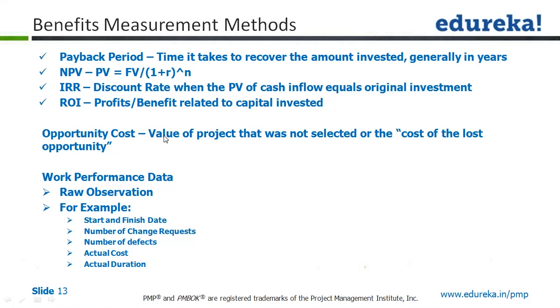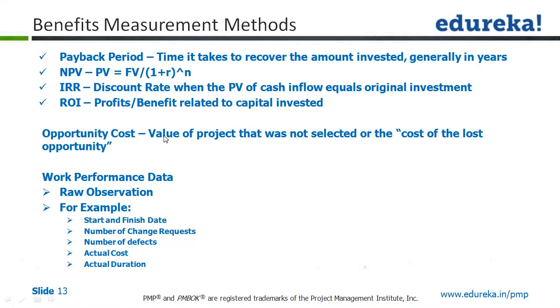To make this example more concrete, take $100,000 at an interest rate of 10%. The net present value of this $100,000 at 10% would be 100,000 plus 10% of it, which is about $10,000. So 100,000 plus 10,000 will become your net present value at the end of the first year. That's how the net present value is talked about.